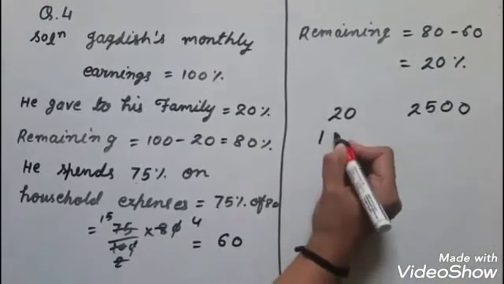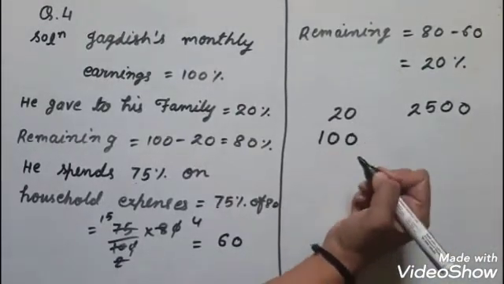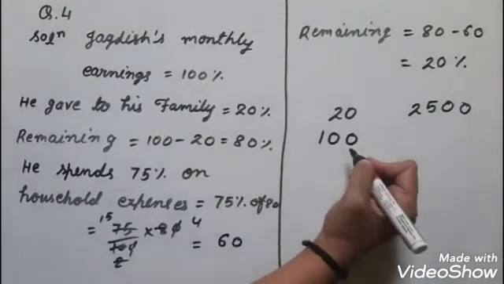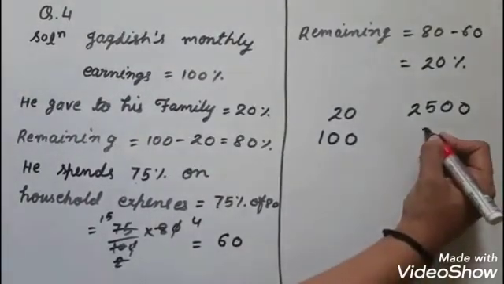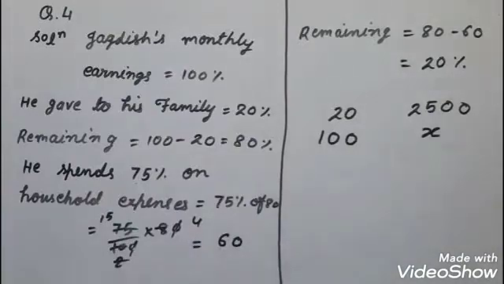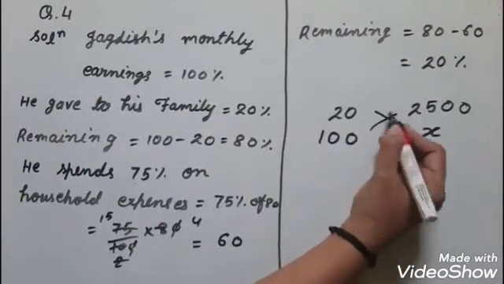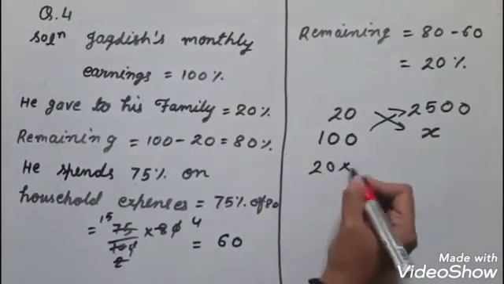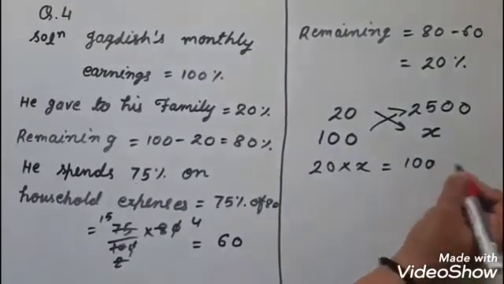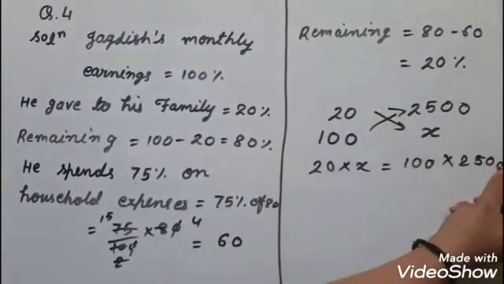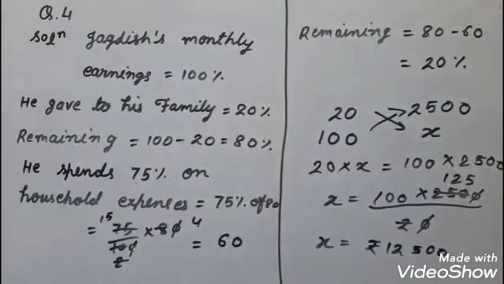And we need to find the 100% value, meaning the value of his total earning, and we don't know it right now, so we are assuming it as X. Now we can calculate it by cross multiplication. 20 into X, 100 into 2500. After calculation, we will get his total earning, that is 12,500.